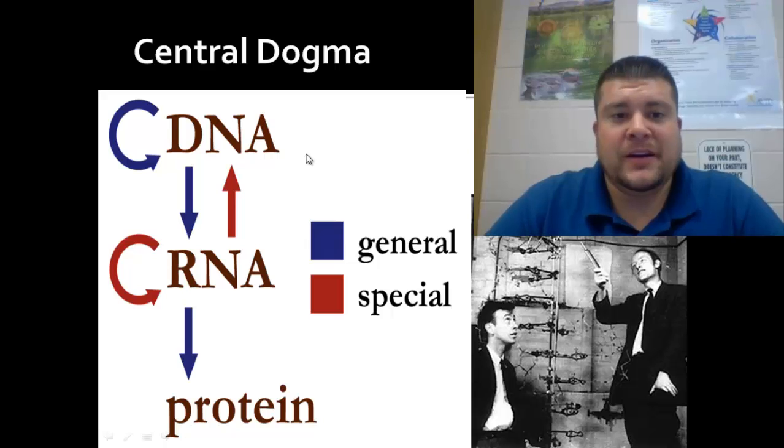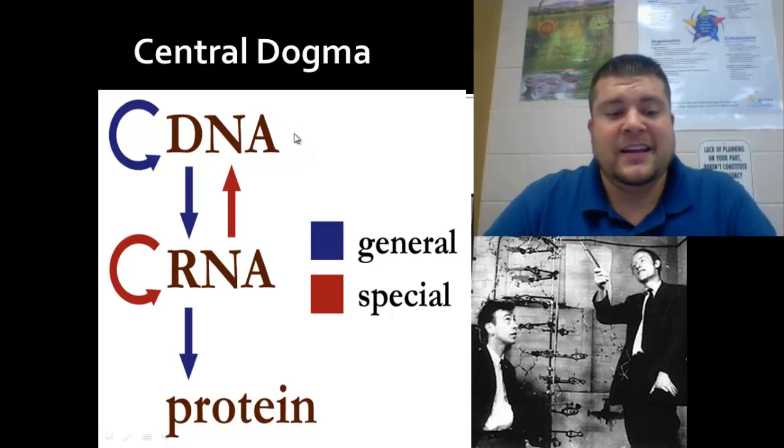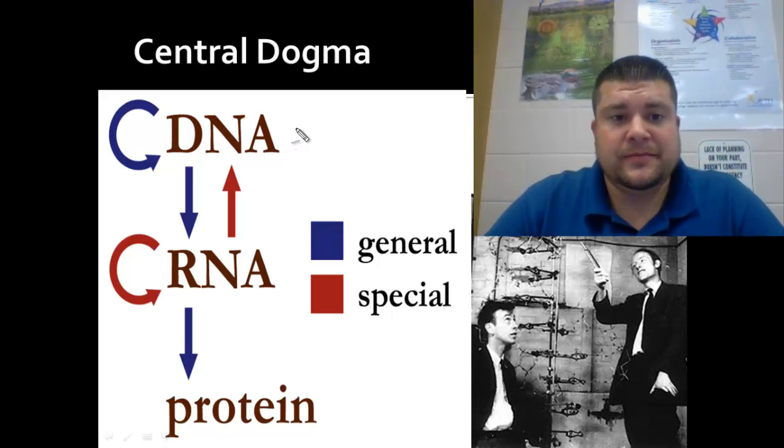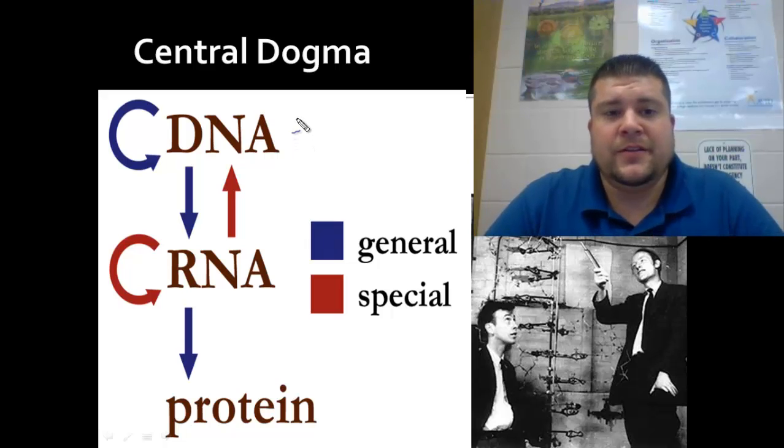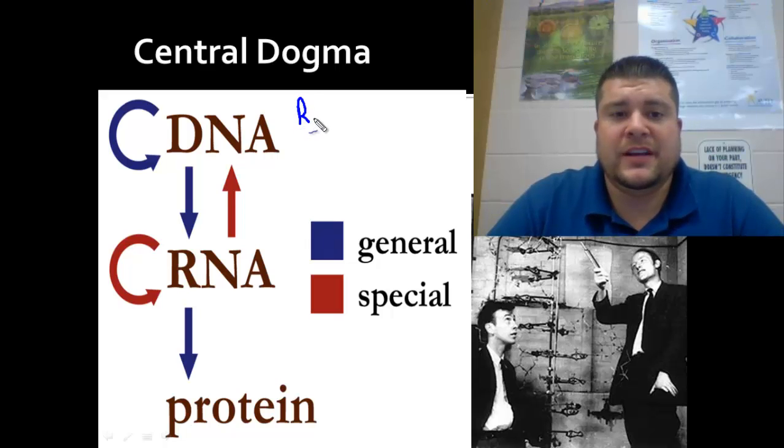The central dogma states that in humans and all living things, we all have some form of DNA. And DNA can make copies of itself through replication, DNA replication.